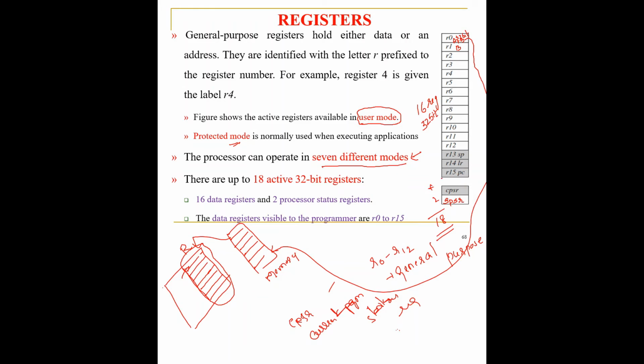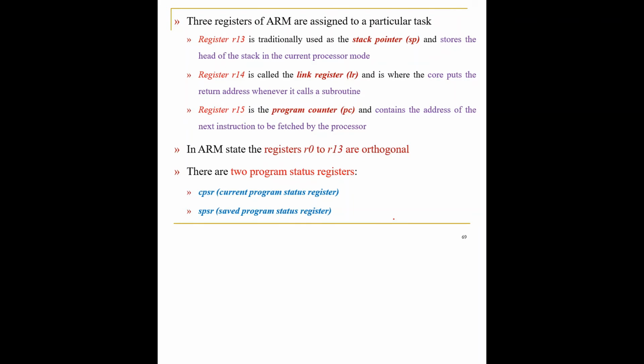So these are the status registers that are available. The current program status register is very commonly used by your ARM processor. The data registers visible to the programmer are R0 to R15. So let's check out these particular registers that are available.